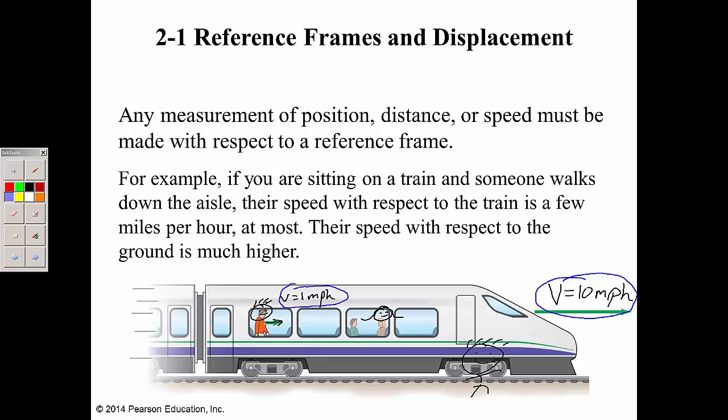So he's going to see me moving to the right side of the screen with a velocity of 11 miles per hour. His reference frame is different than yours. So we need to choose our reference frames importantly when we talk about kinematics, and always choose the simplest reference frame. In the case of this example, you want to choose the reference frame of the train.